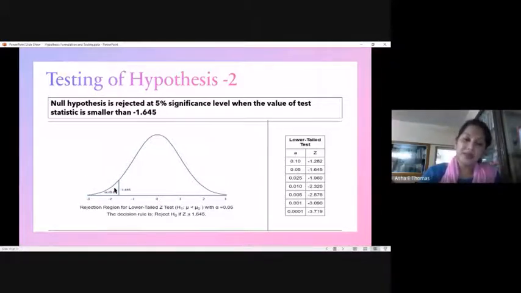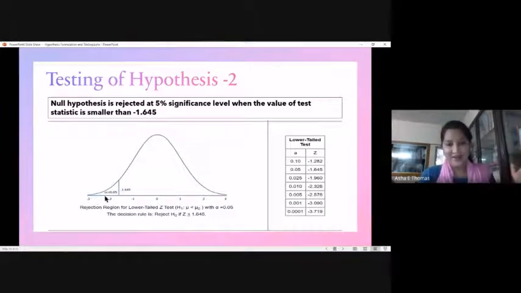So the possibility of rejecting the null hypothesis at 5% in a lower tail test, or as you call it, the left tail test, then in that case the possibility is this area. So here it would be 1 minus this value. This region is represented as, so here we know the direction.